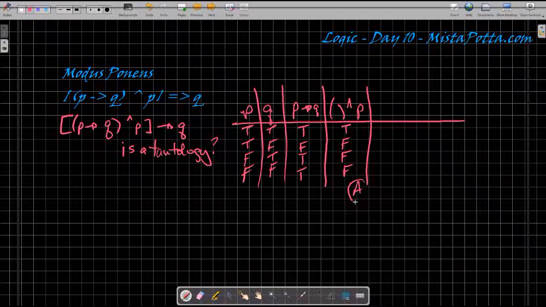With this being our antecedent and Q being our consequent, we know that the conditional is only false if the antecedent is true and the consequent is false, but that never happens.